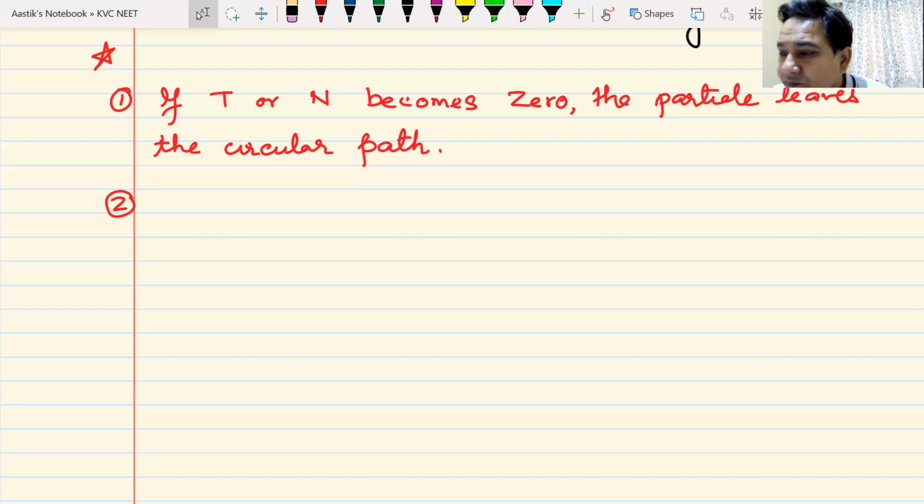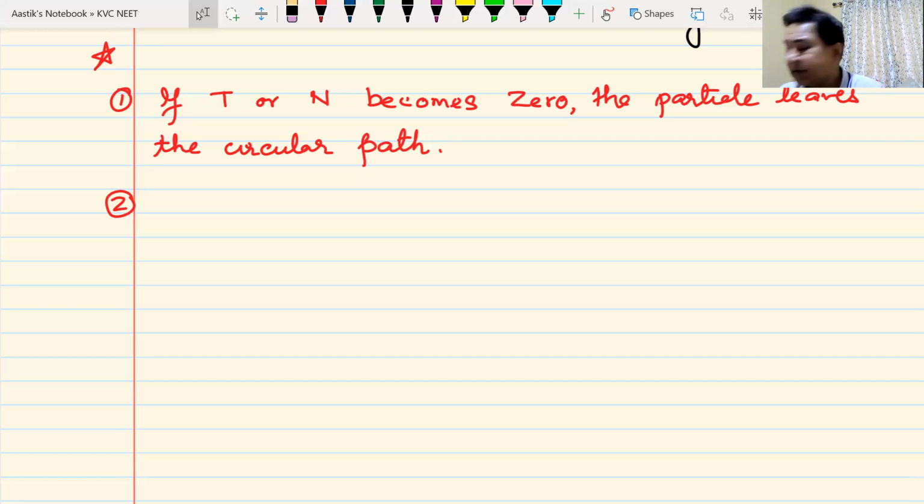Your answers. Lower half, upper half. Where can T or N become 0? I'm not talking about the case where the string breaks, or where the circular track is breaking. Let's be practical. Things are not going to break. Things are going to remain intact.